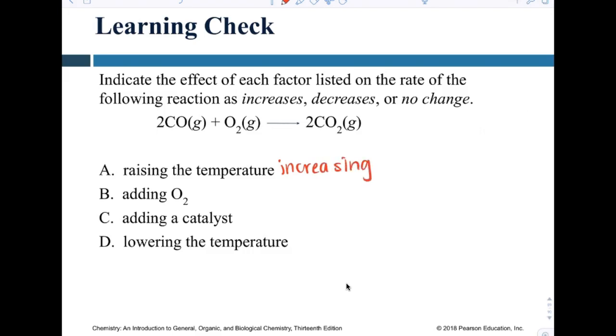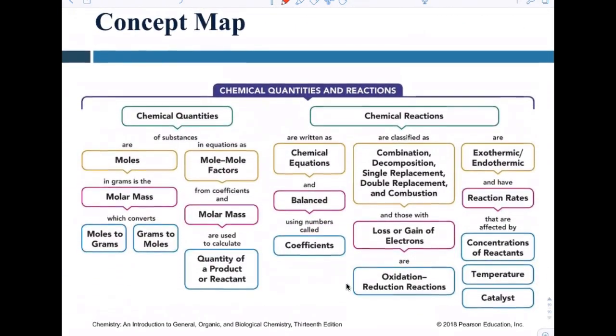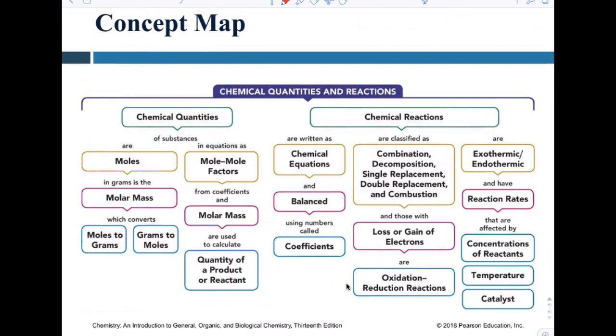Oxygen is a reactant, and so it will increase the rate. Adding a catalyst will also increase, and lowering the temperature would slow it down, would decrease it. And then you have a last little concept map to kind of help you stay in control of all of the information given to you in this chapter.